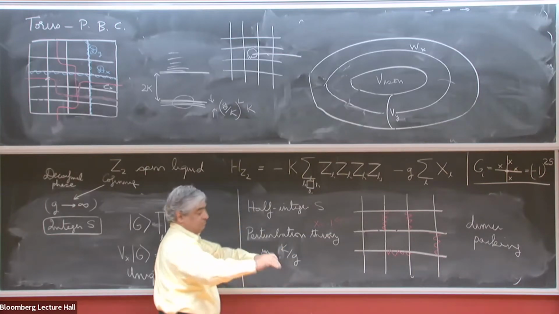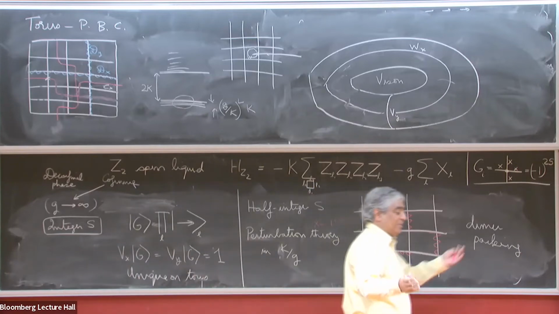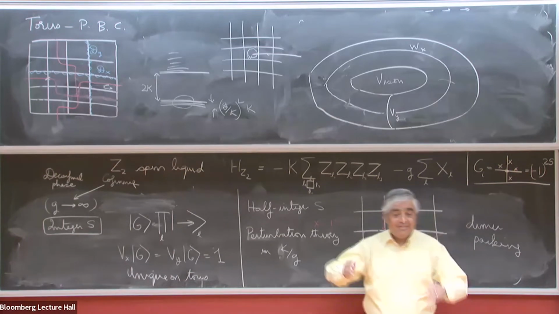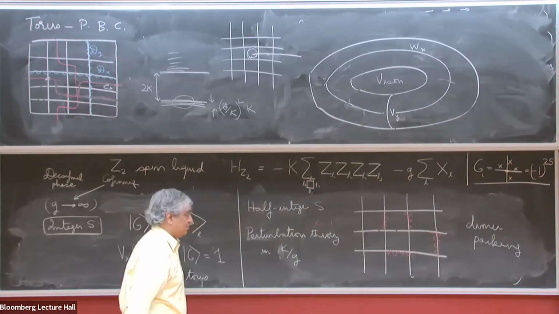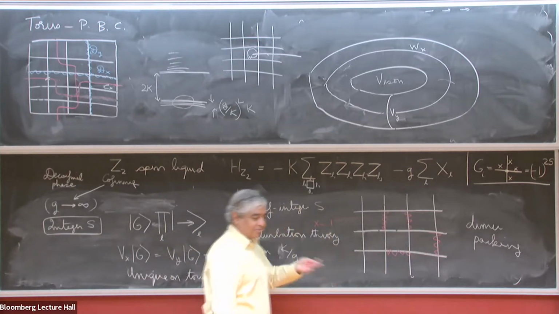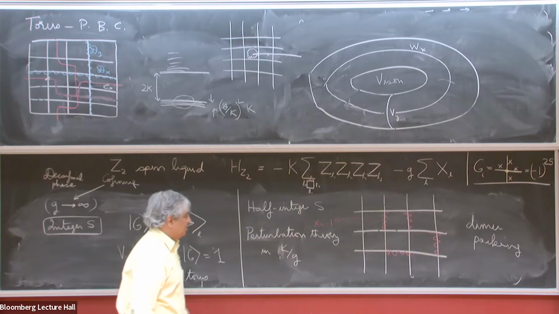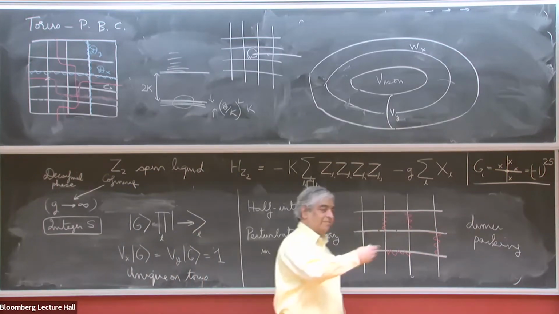It's not like a 4-fold degeneracy on a torus. This would be e to the L degeneracy on a torus, where L is the size of the torus. But there's so many different ways of packing dimers on the square lattice or any other lattice. So when you do first order perturbation theory in k over g, you have to do degenerate perturbation theory.